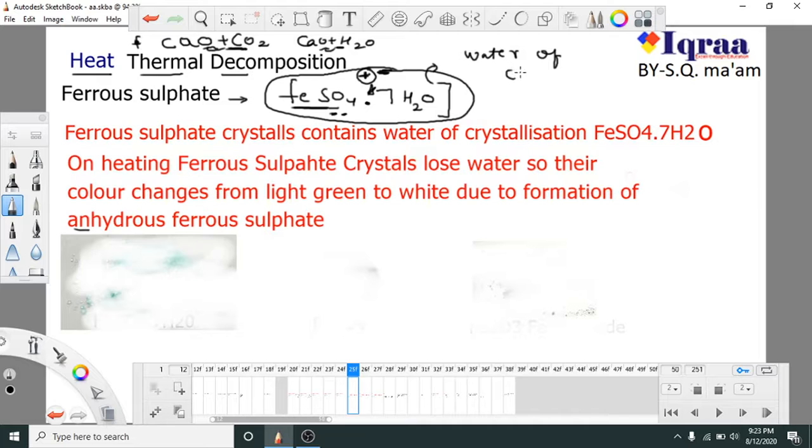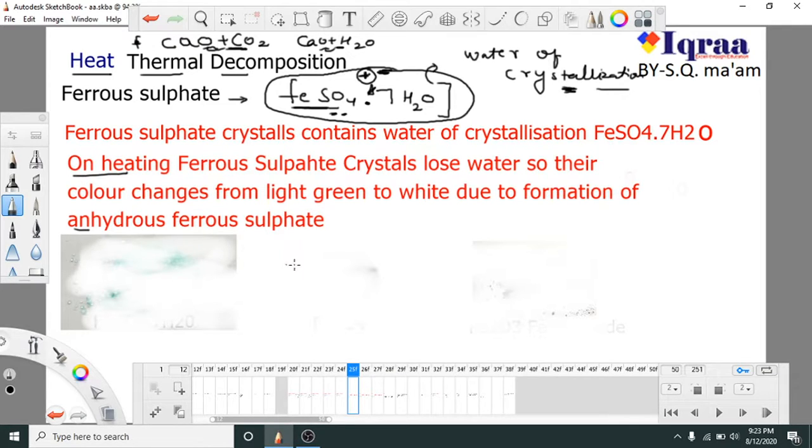So now you can answer what is water of crystallization. This question can be asked. Water of crystallization is water which is present with a substance and helps it to have a crystalline appearance.